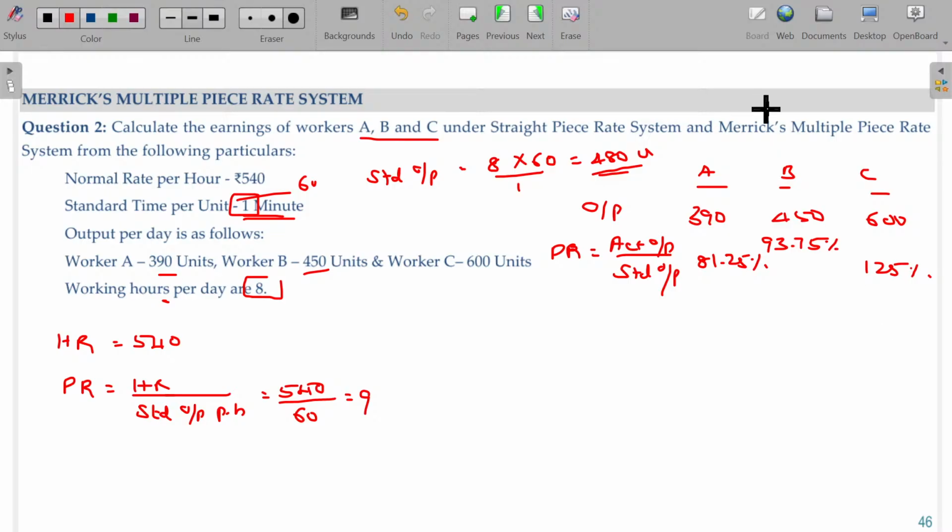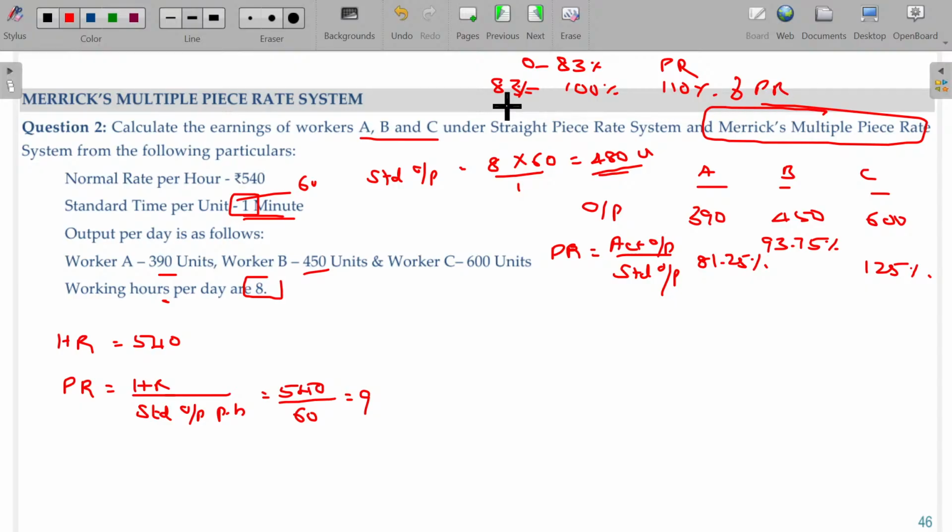Now what method we have to follow? Merrick multiple piece rate system. As per Merrick's multiple piece rate system, 0 to 83% we offer only piece rate, 83 to 100% we offer 110% of piece rate, and above 100% we offer 120%.